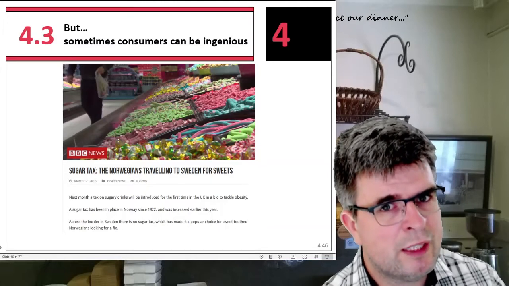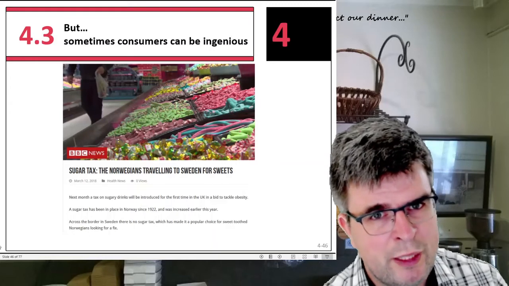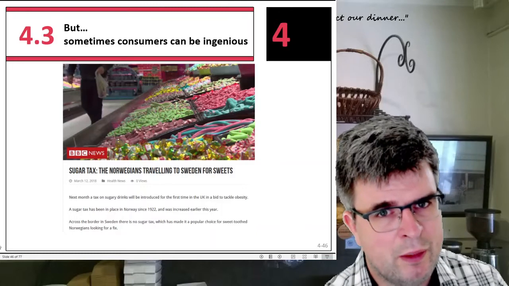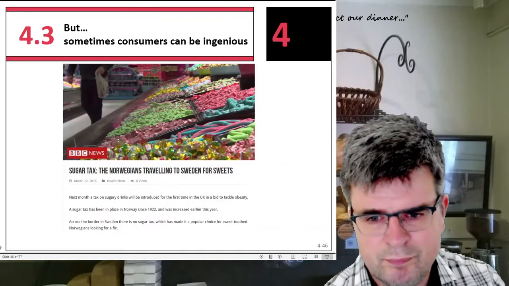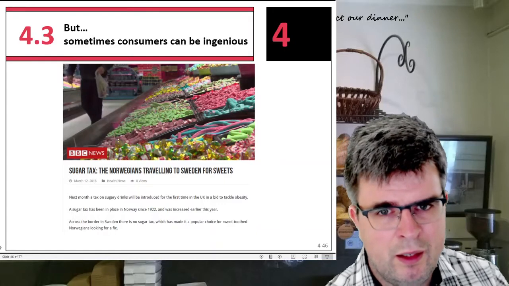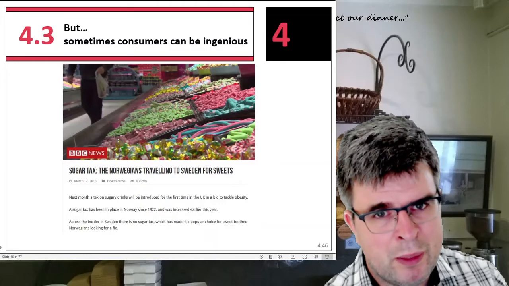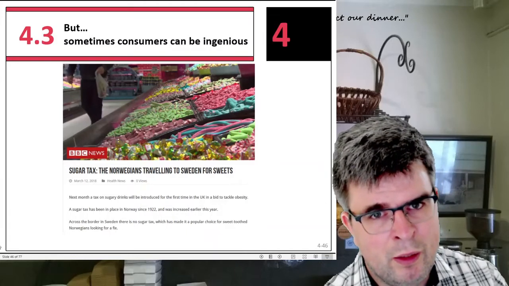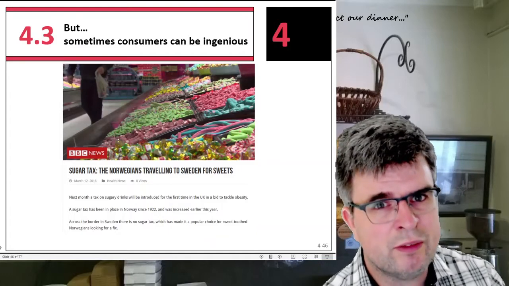Maybe to some extent, but they found also a way out. They went shopping to Sweden, where there is no sugar tax. So in part, they could avoid the tax. And this also shows you the power of incentives. If you impose a tax on something, people will spend effort in finding ways to avoid the tax.